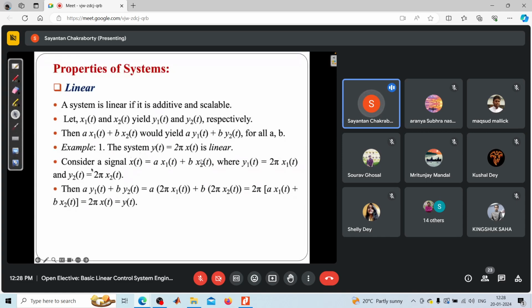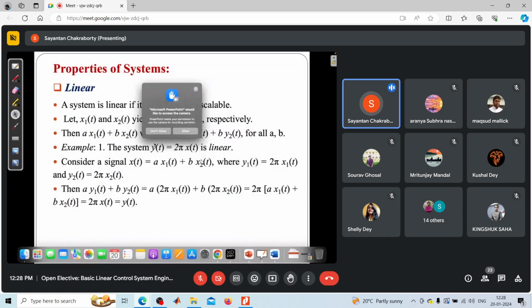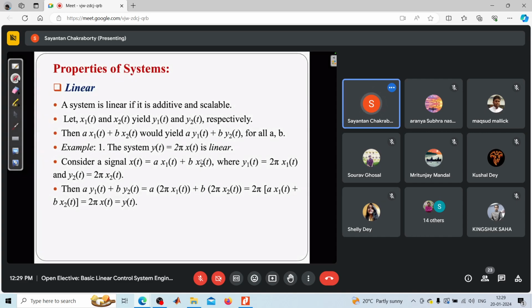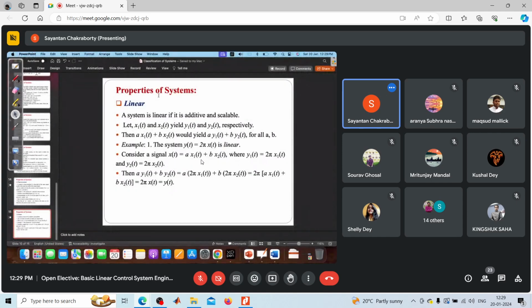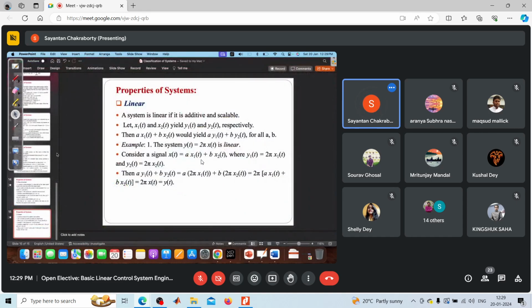There's a new input signal that you have considered here, so that is your y(t). So you can clearly write that this system is a linear system.